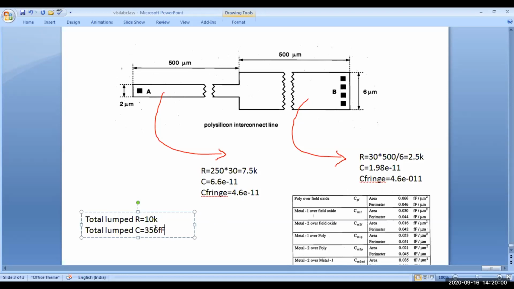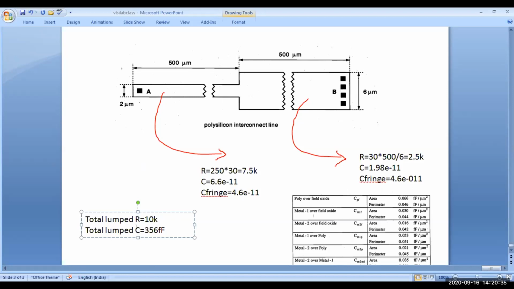Okay, so now you can see the total capacitance for both the cases are same, but as we can see, the parasitics will be different for both the cases because here the width is different and here the width is different. So in lumped, as sir taught us in the previous theory class, in lumped case we are actually overestimating the parasitics, so that we are getting more delay as compared to all the structures we are doing, like ladder or T model or pi model.